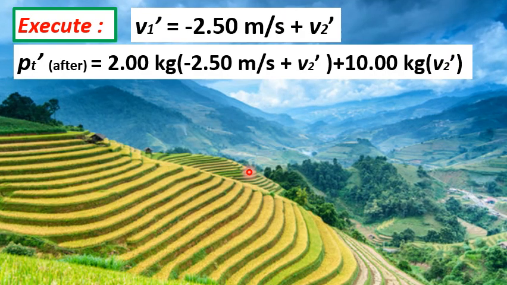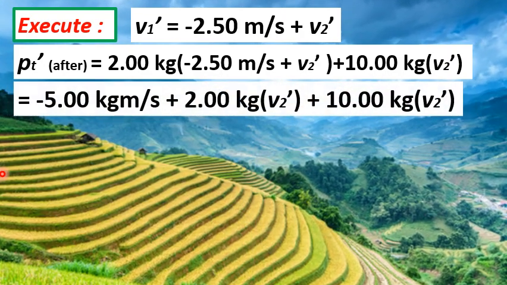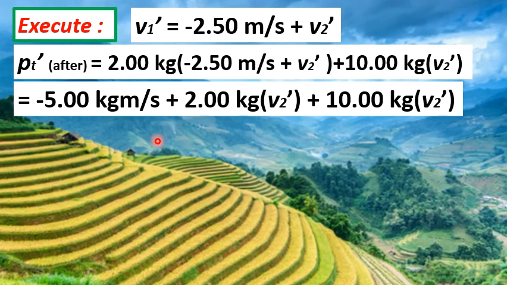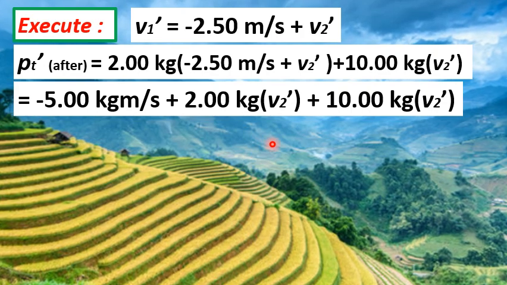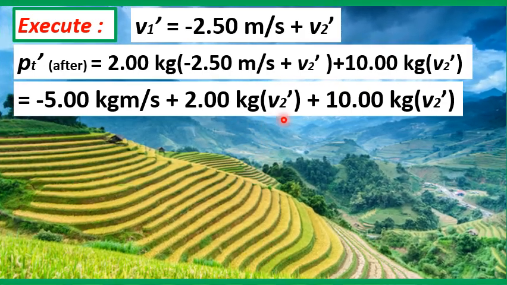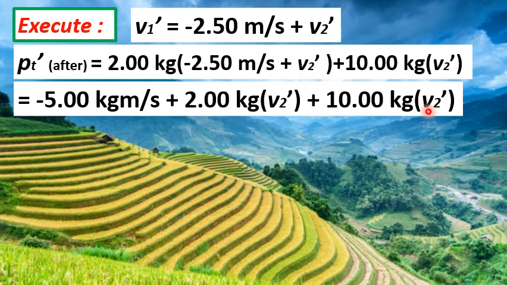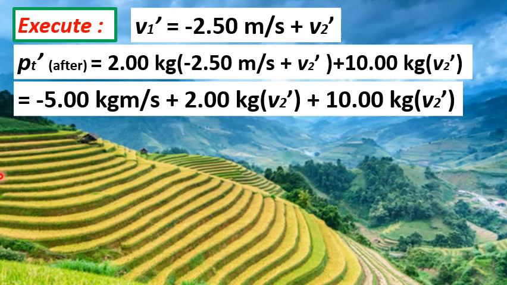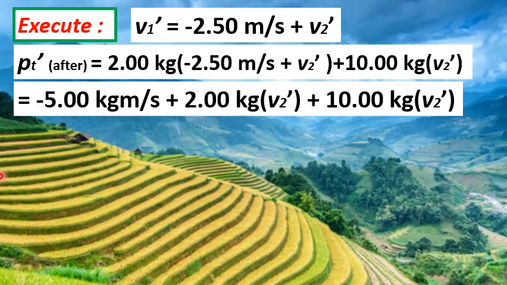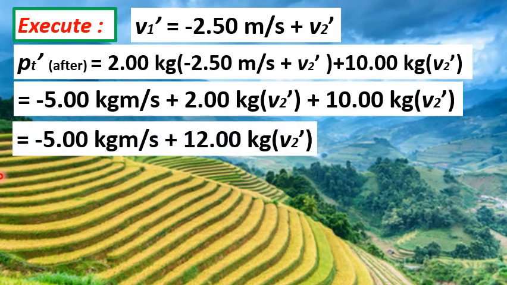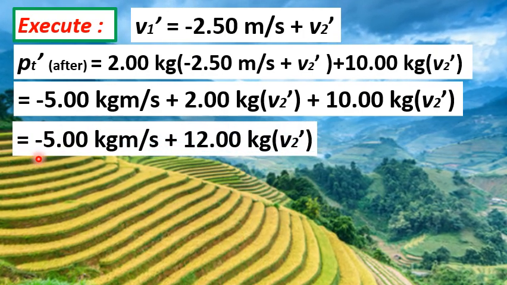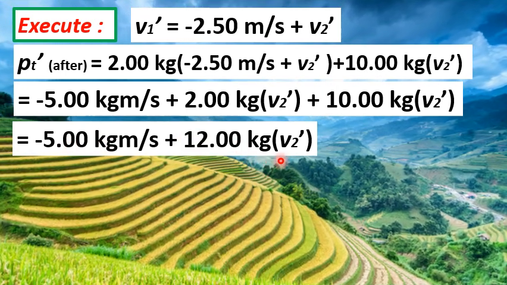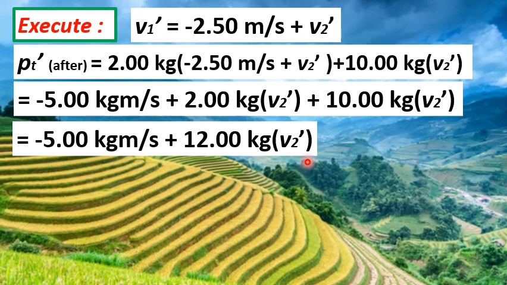And simplifying, that becomes negative 5.00 kilogram meter per second plus 2.00 kilograms v2 prime plus 10.00 kilograms v2 prime. Combining these last two terms, we can further simplify the total momentum after the collision Pt prime to negative 5.00 kilogram meter per second plus 12.00 kilograms multiplied by v sub 2 prime.